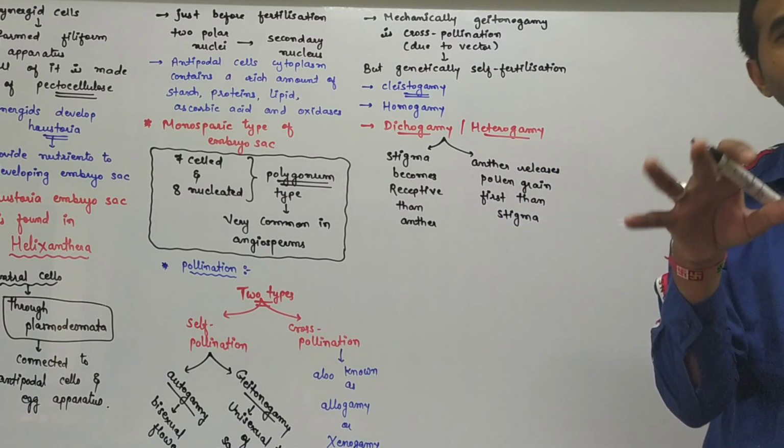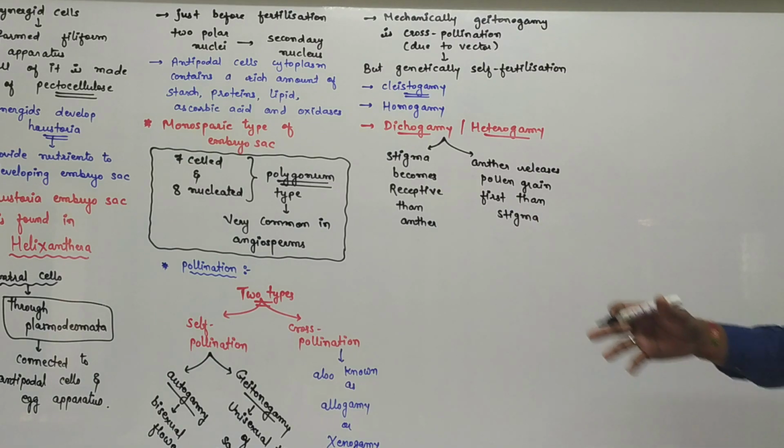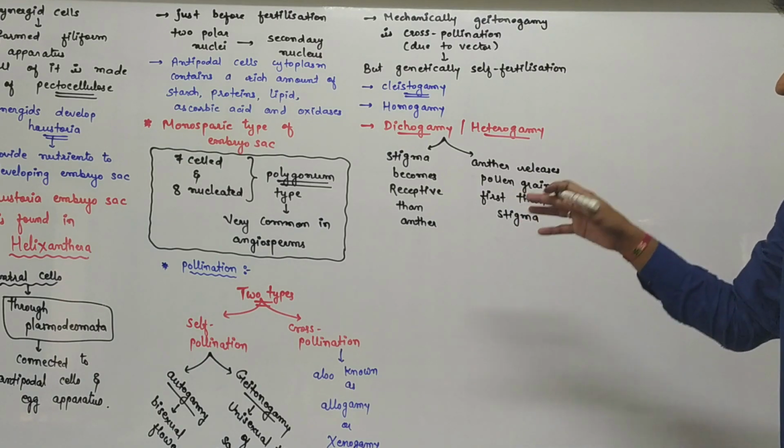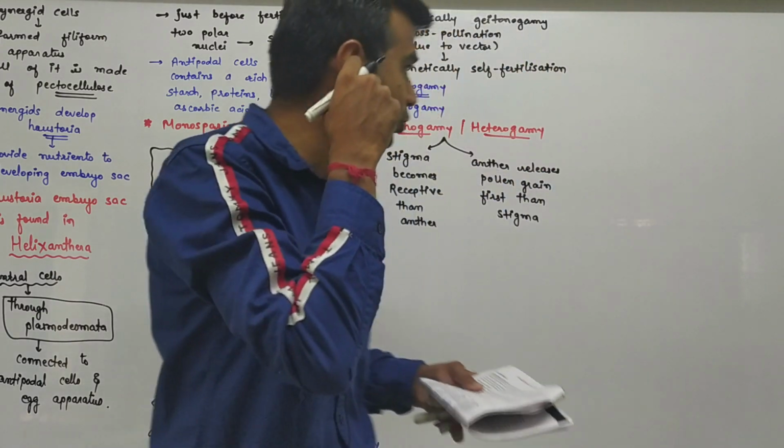Both the timings are different. So here two options are there. In some plants the stigma becomes receptive first, then the anther. That procedure is known as protogyny.